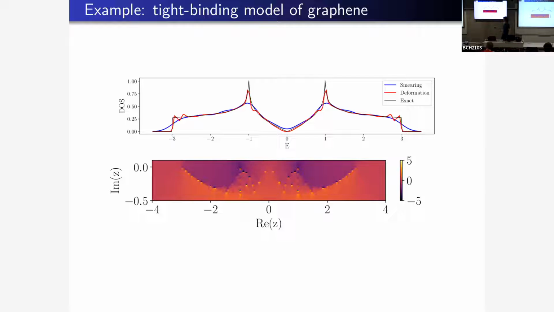Near the singularities, the nice thing about smearing is that it will just blur around singularities, and blurring is better than just having crazy oscillations. But then you want to get both. It depends on what you want and which region you want.